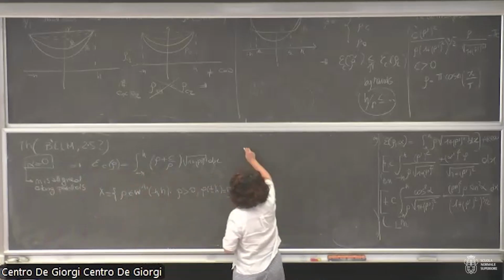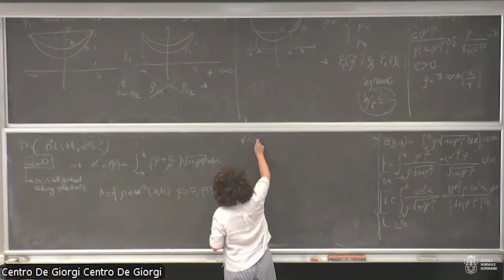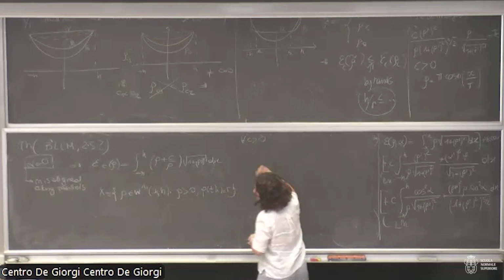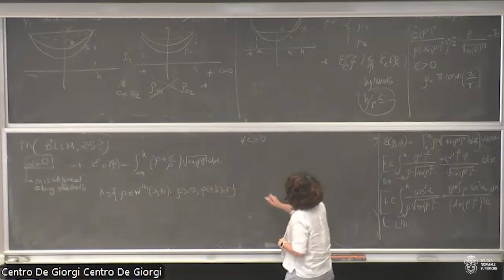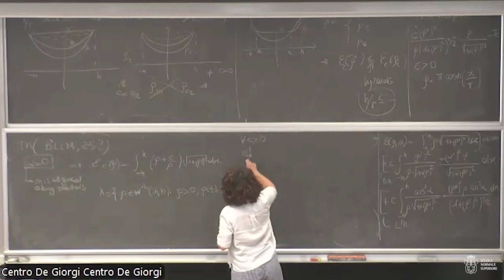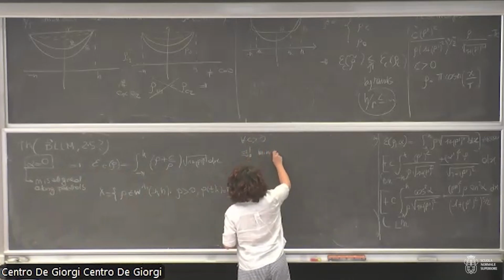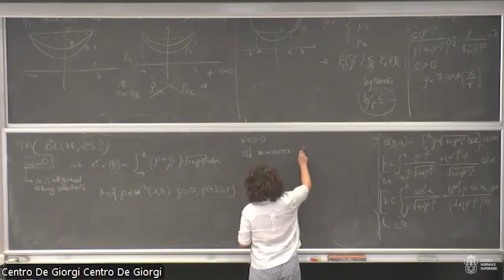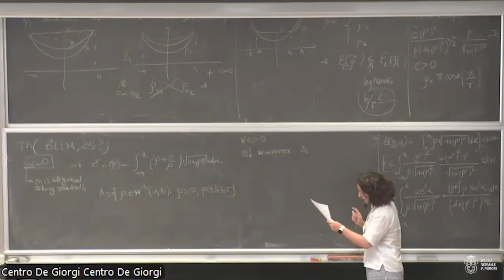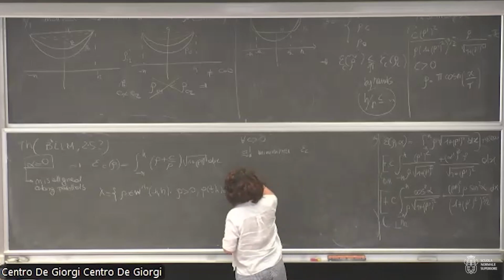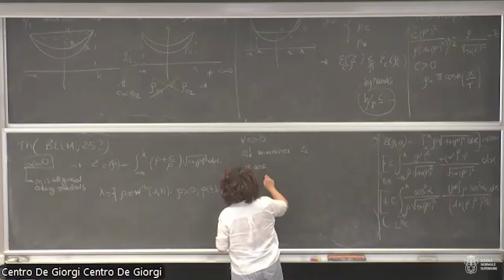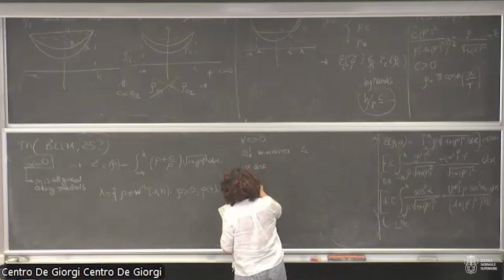What we are able to prove is that for all C greater than 0, removing C equal to 0 because I have already studied it in the other paper, there exists a unique minimizer for E_C.